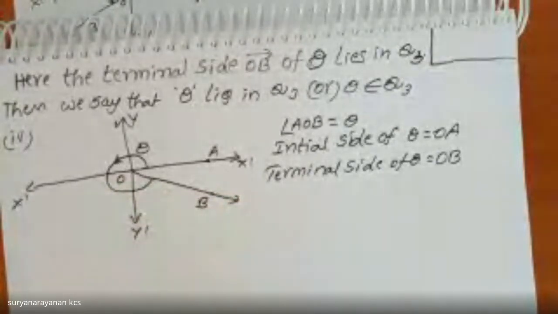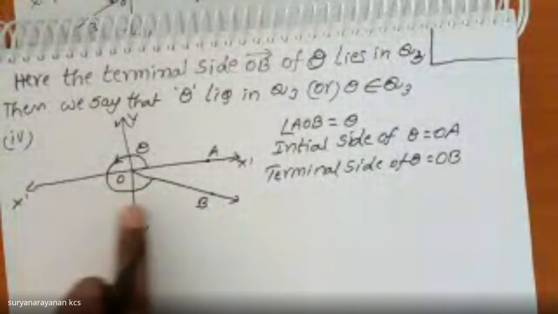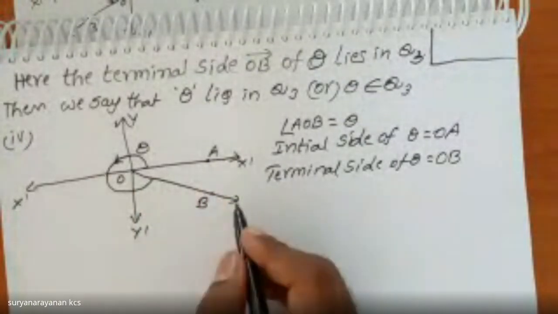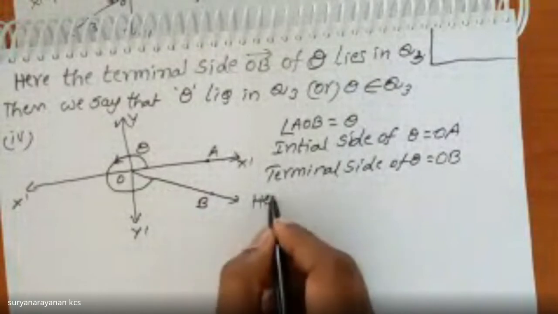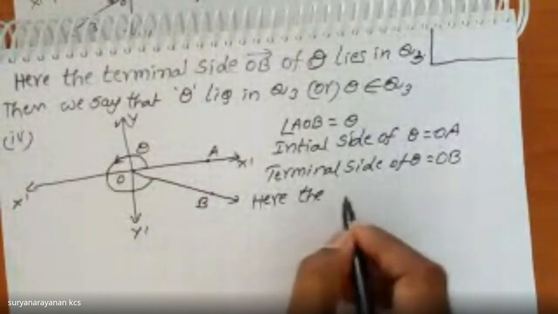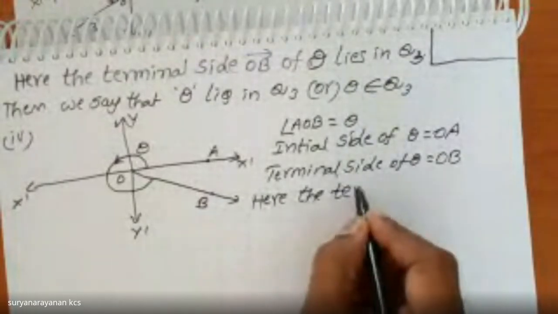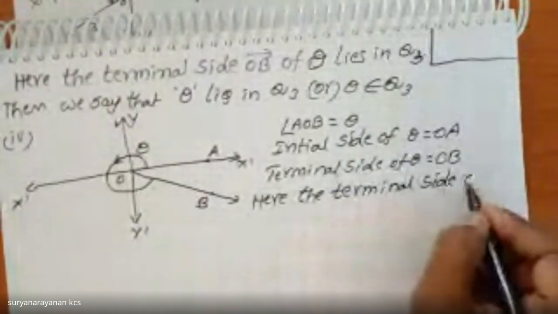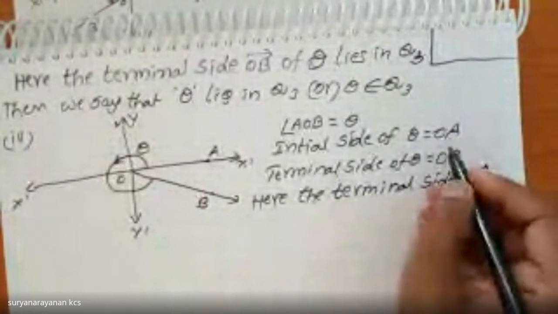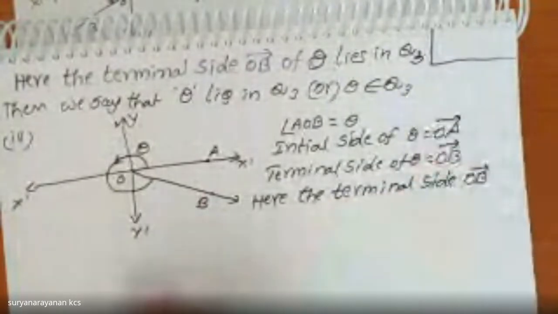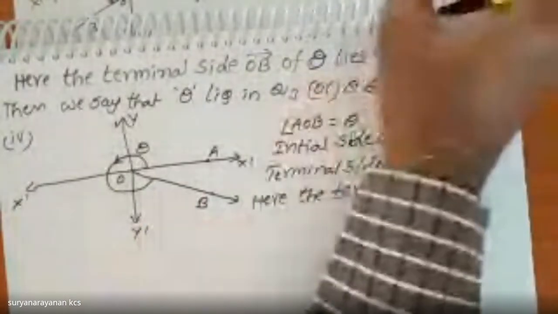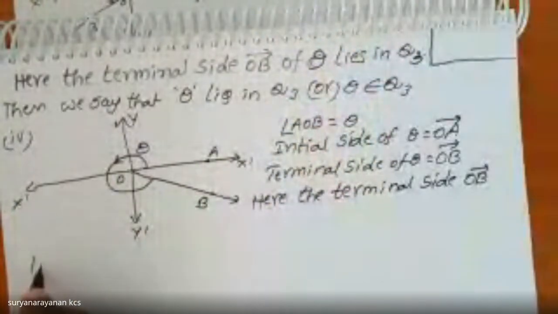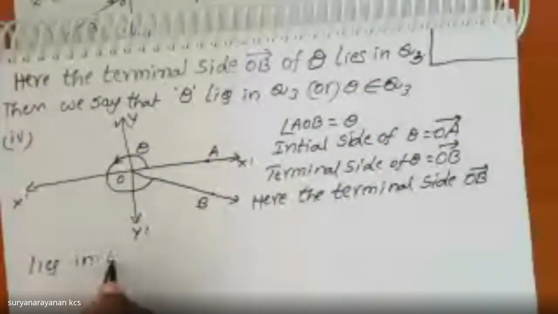If you observe this figure, the terminal side OB ray lies in Q4.